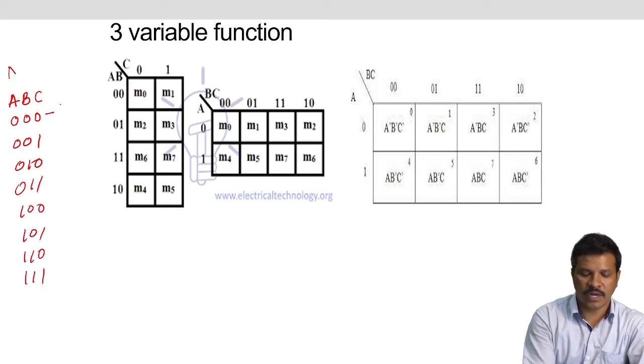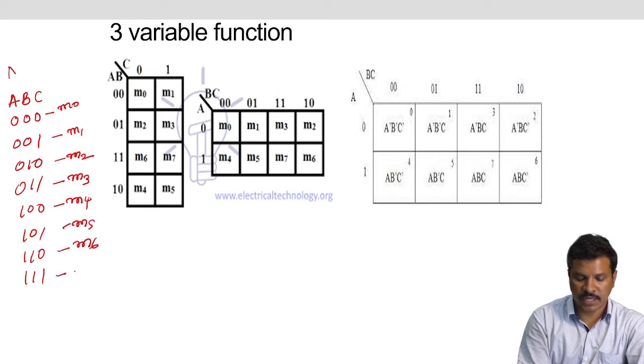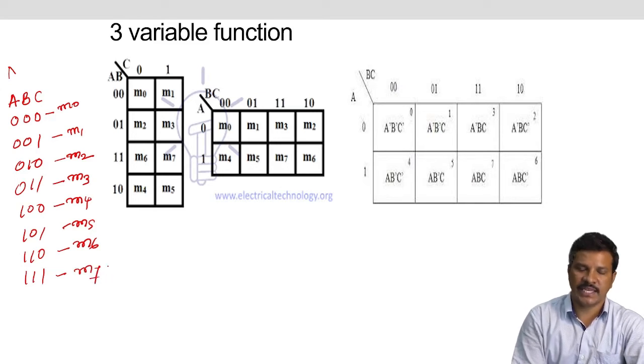The corresponding minterms are A bar B bar C bar, which is represented with M0, and A bar B bar C, which is represented with M1, M2, M3, M4, M5, M6, M7, where M7 is nothing but A B C.